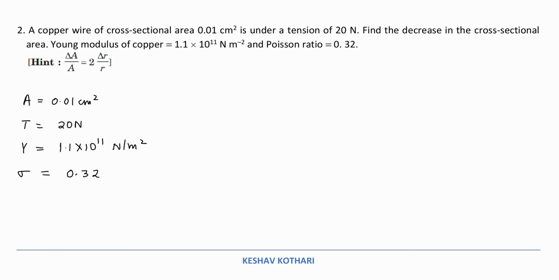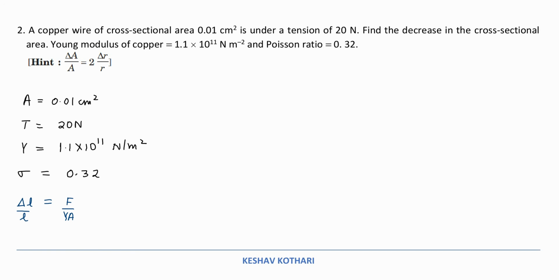Over here I am writing this expression: delta L is equal to FL upon YA. So if I write F upon YA and take L over here, this is the strain which is developed in the wire when the tension of 20 Newton is applied.